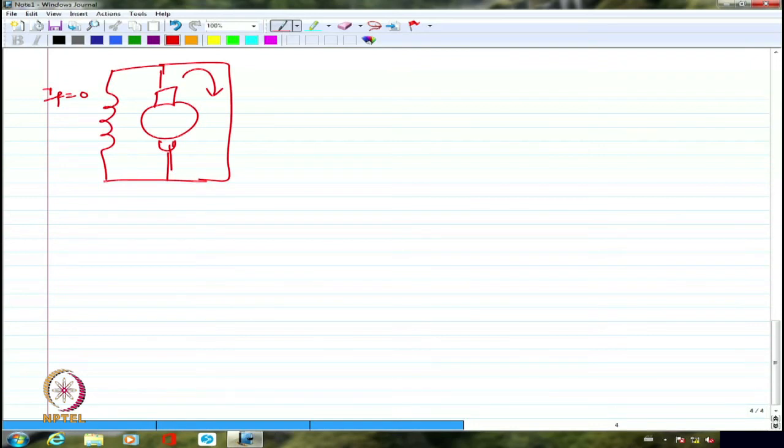So when we conduct the experiment in the laboratory, a little bit of introduction I'll give you for that. What you will have is basically a DC generator, maybe a separately excited DC generator. This is generally connected to multiple motors.